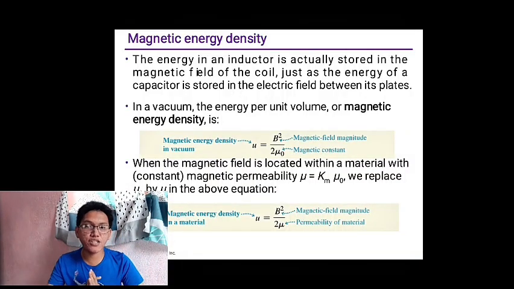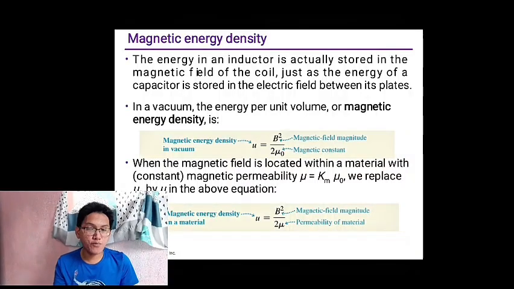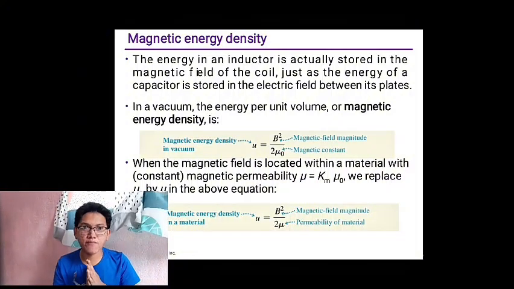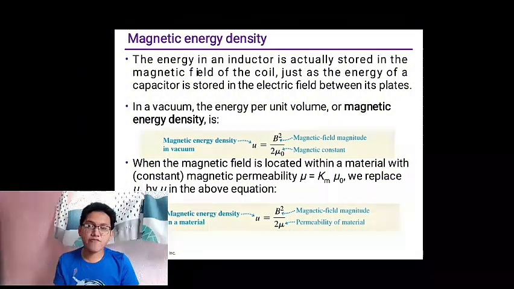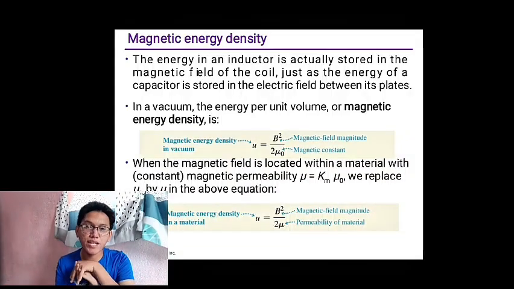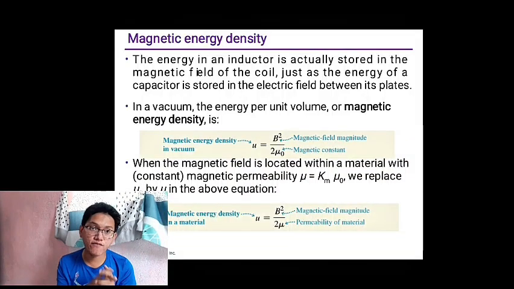The magnetic energy density, or energy per unit volume, in a vacuum is given by du equal to the magnetic field squared over two times the permeability of free space. If the magnetic field is inside a material, we replace the permeability of free space with mu itself.